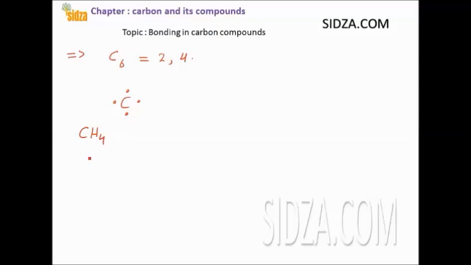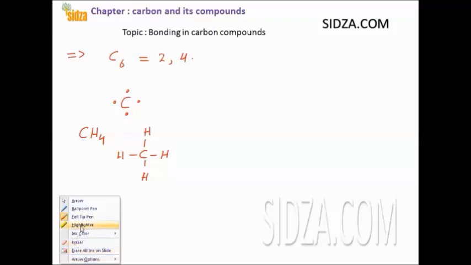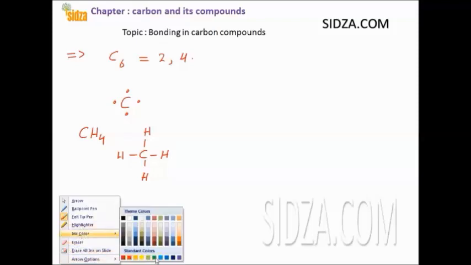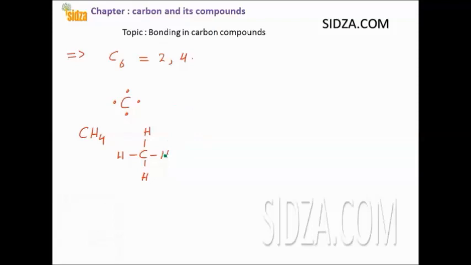The simplest organic compound is methane, with 1 carbon atom forming 4 single bonds with 4 hydrogen atoms, by sharing of electrons. The carbon has 4 electrons in the valence shell.